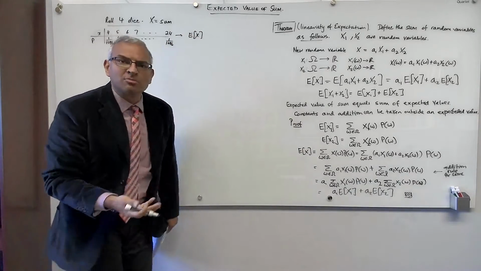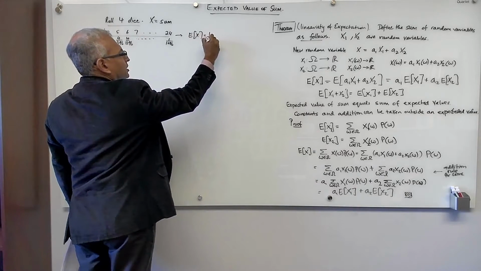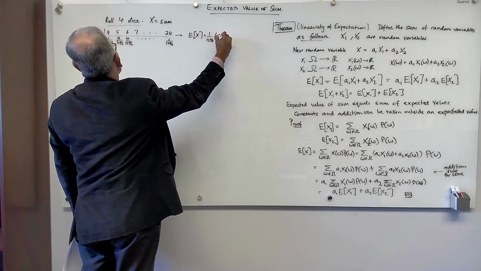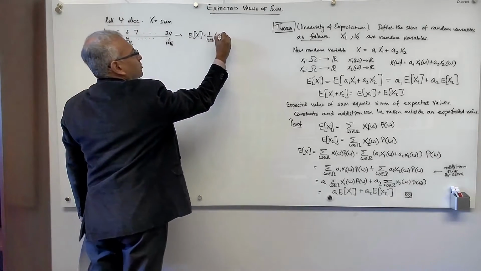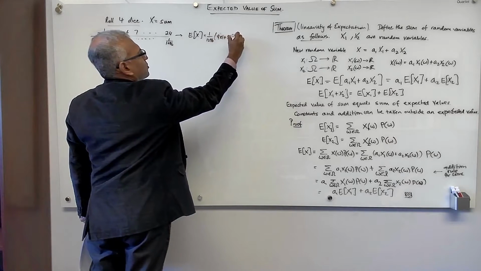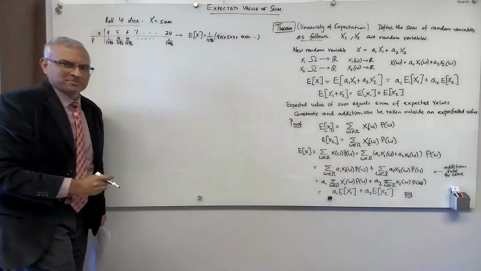And then you take the expected value of x. So the expected sum of 4 dice is 1 over 1296 times, 4 times 1 plus 5 times 4 plus 6 times 10 plus, and so on. Oh, wow. Okay.